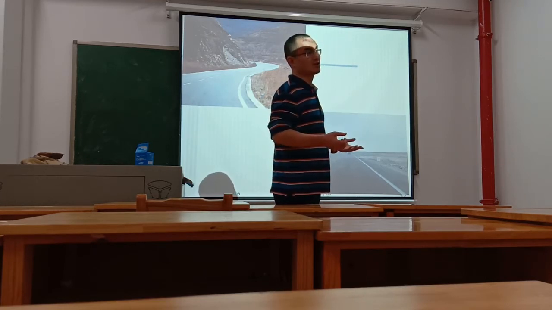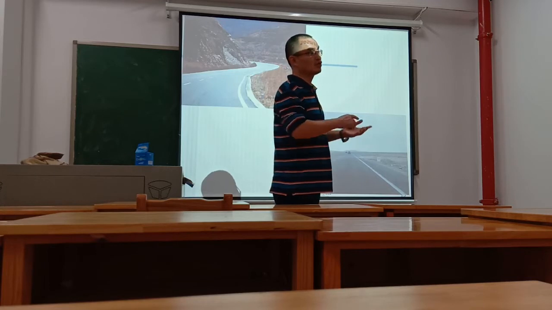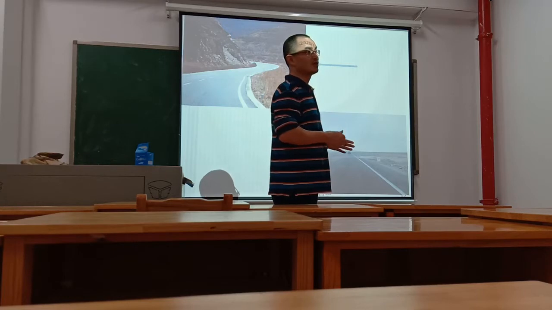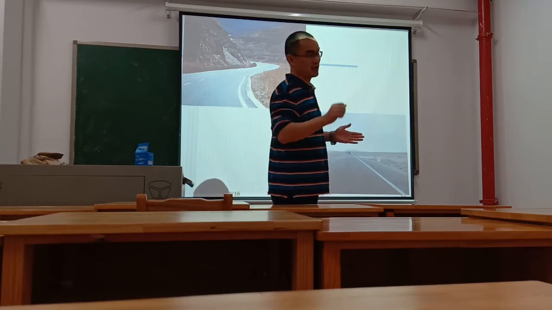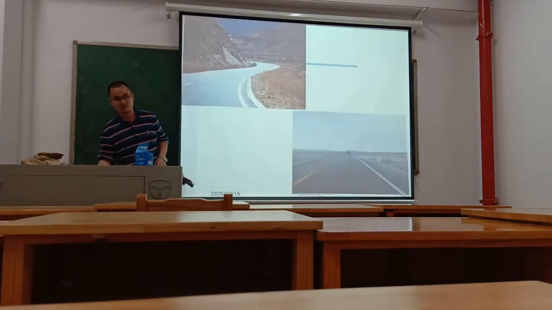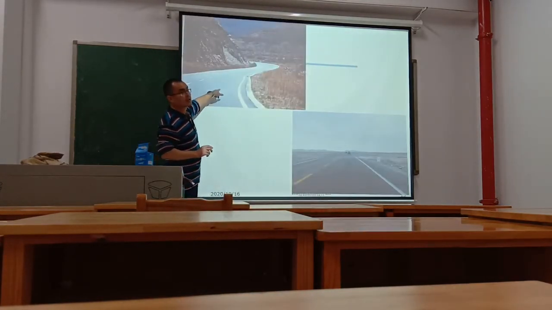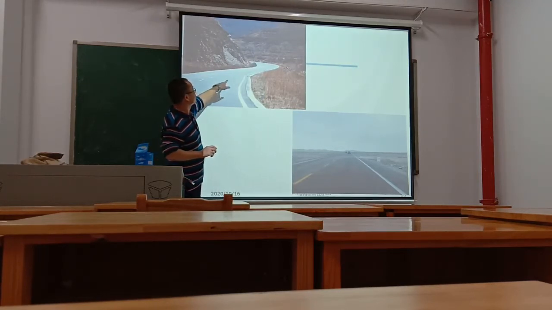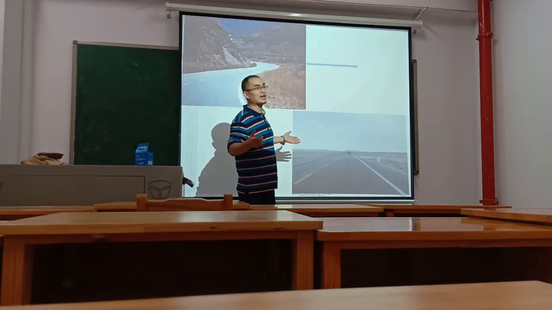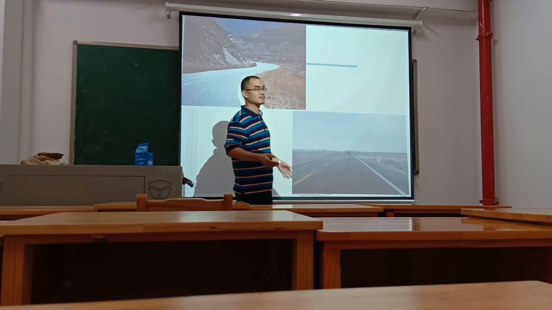And a curve is a curvature. This is a curve: circular curve and transition curve. This terrain is mountain. This terrain is plain.